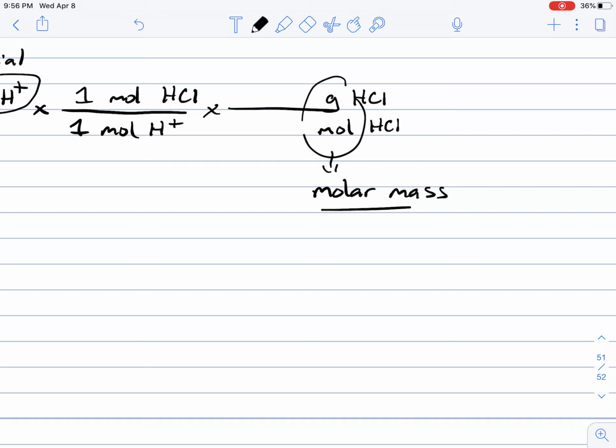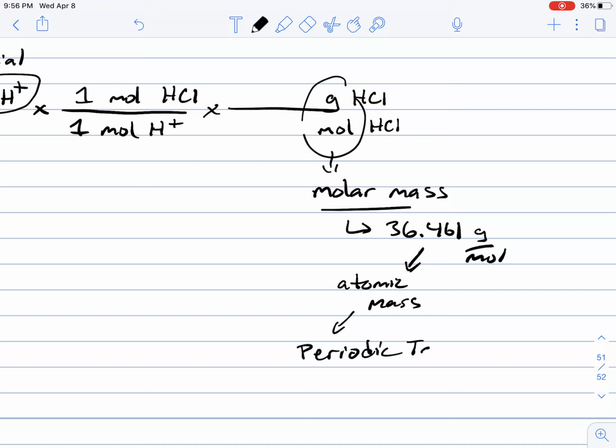And so the molar mass of HCl is going to be 36.461 grams per mole. And once again, you guys can calculate this from the atomic mass found in the periodic table. So for every 1 mole, that's equal to 36.461 grams of hydrochloric acid.